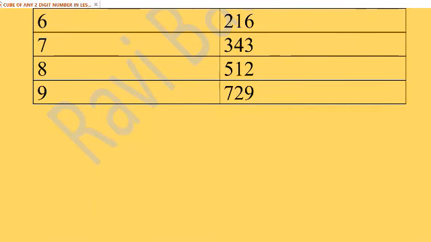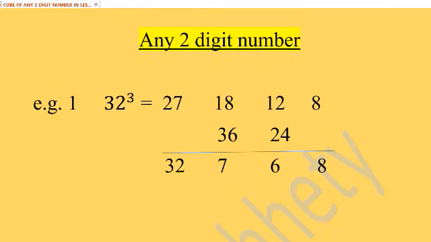Now I'll tell you a few techniques. First one, the technique which is applicable to all 2-digit numbers. Okay, so most common techniques you will easily find everywhere. So if I need to find cube of 32, how to do that? Now first of all, write the cube of this first digit. So 3 cube is 27.